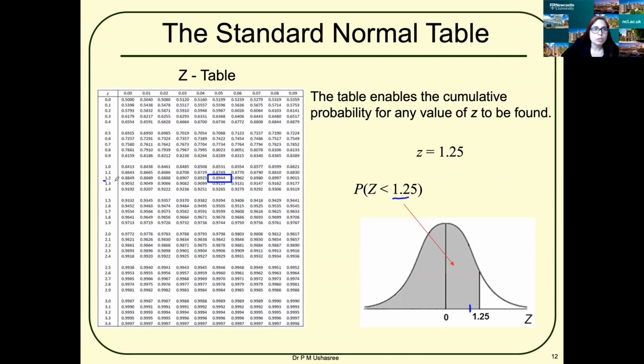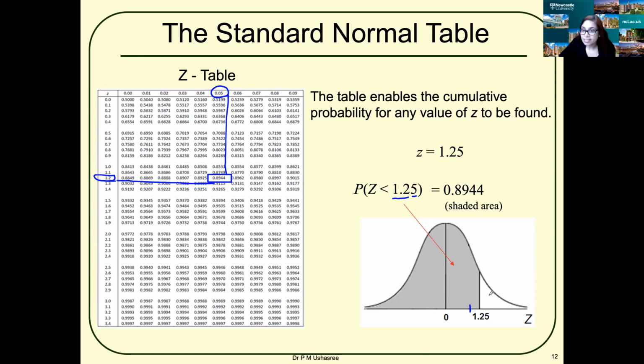The second decimal place is 5, 0.05, so you go along the row, just like your two-way table, and you get 0.8944, so 89.44%. So the probability of finding Z less than 1.25 is 89.44%. That's your shaded area.